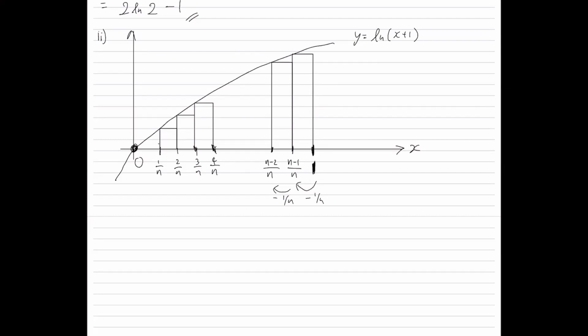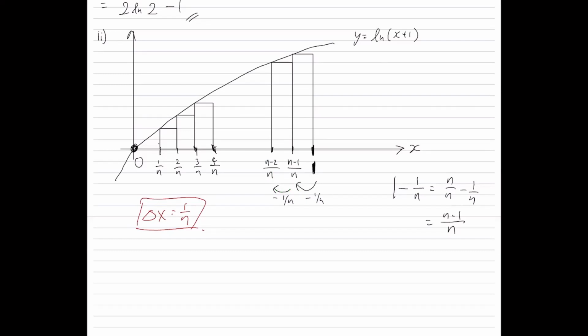Let me show you. 1 minus away 1 over n is just n over n minus 1 over n, which is n minus 1 on top, divide by n. Do you get how I got this coordinate now? The delta x is equal to 1 over n. Is it clear? Yeah. Then this one you can also minus 1 over n, you get n minus 2 over n.